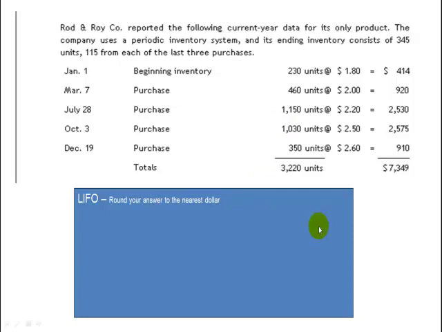So let's figure this out over here on this blue rectangle. These 350 units, like I said, were the last ones in, so they're sold. That's a total of $910. These 1,030 units are sold because all I have left is 345 units. So these are gone. These 1,150 units are all gone.